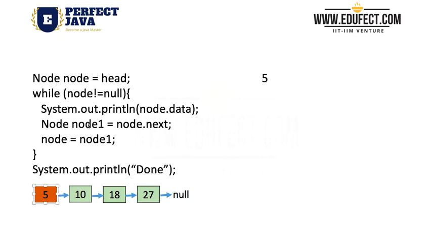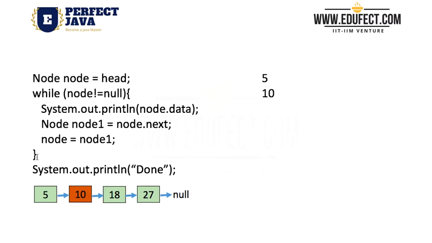Then we have node1 is equal to node.next. So this will be the node.next, and we are saying node is equal to node1. So basically, this was the value of node, and now node will become this.